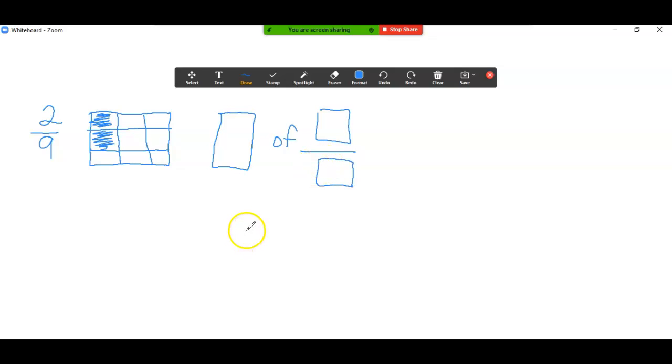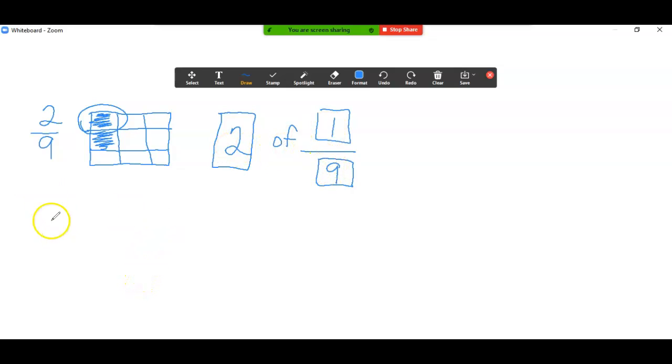Okay? So first think about just one piece. What is one piece worth for this picture? One piece is worth 1/9. And how many groups do I have? Well, there's 2. So that's 2 groups of 1/9.